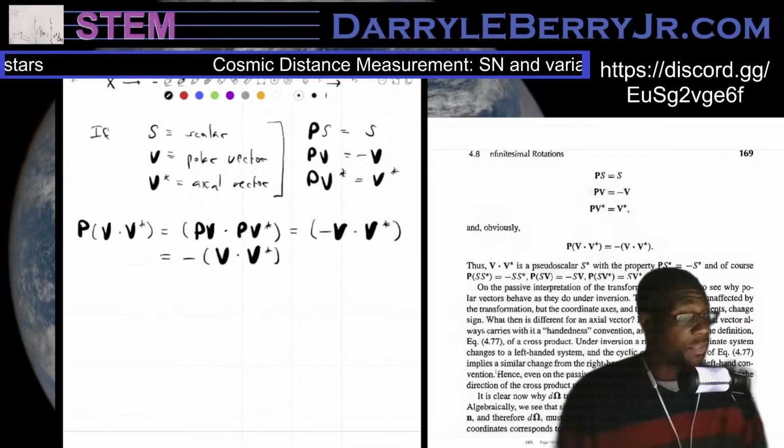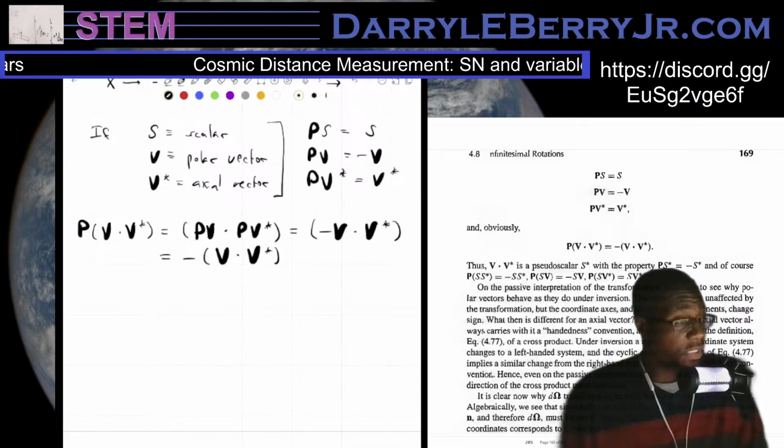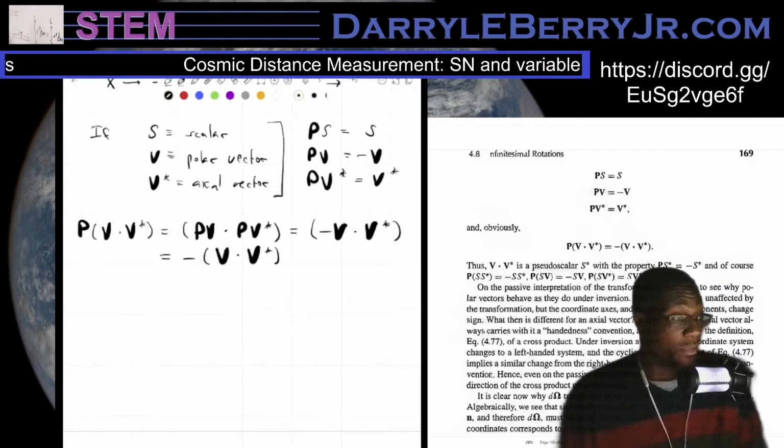On the passive interpretation, thus, V dot V star is a pseudoscalar.